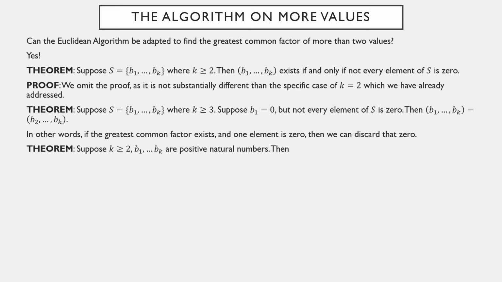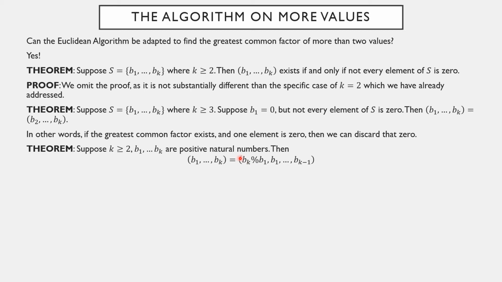Okay, next, suppose that k is at least as large as 2, and you have a list of k natural numbers. Then the Euclidean algorithm gets adjusted as follows. Instead of looking at the greatest common factor of this list, shift everything over one spot. So B1 is now in the second spot, B2 is in the third, and so forth. And then take the remainder of the last one over the first one and put that in the first location.